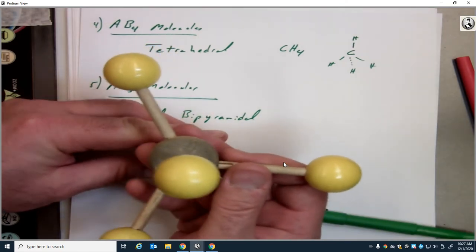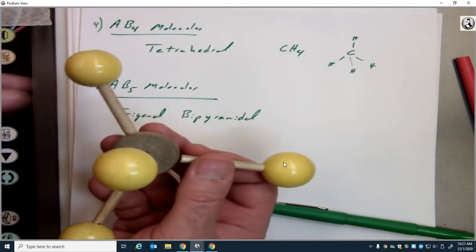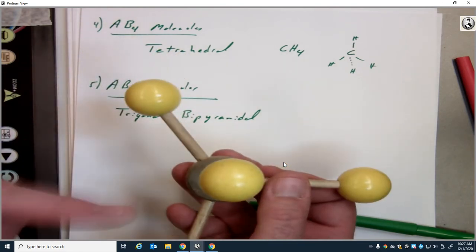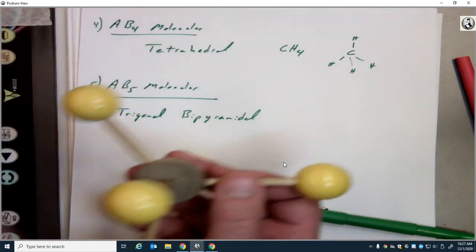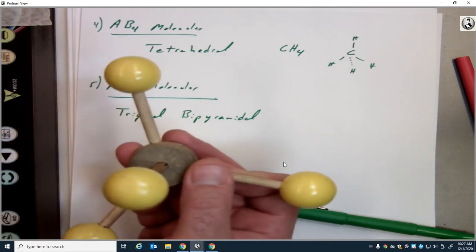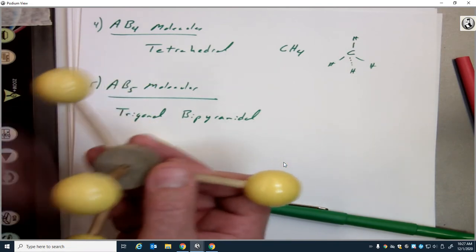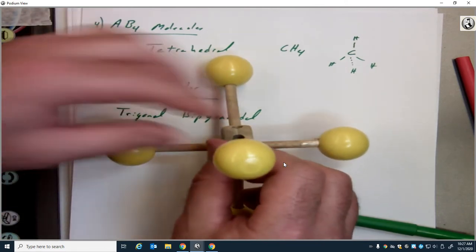All right, so our trigonal bipyramidal, it's got straight up and down, and then we have 3 on the outside, just like this. Okay, and this would be actually a 120-degree angle here. So I could turn it like this for you.